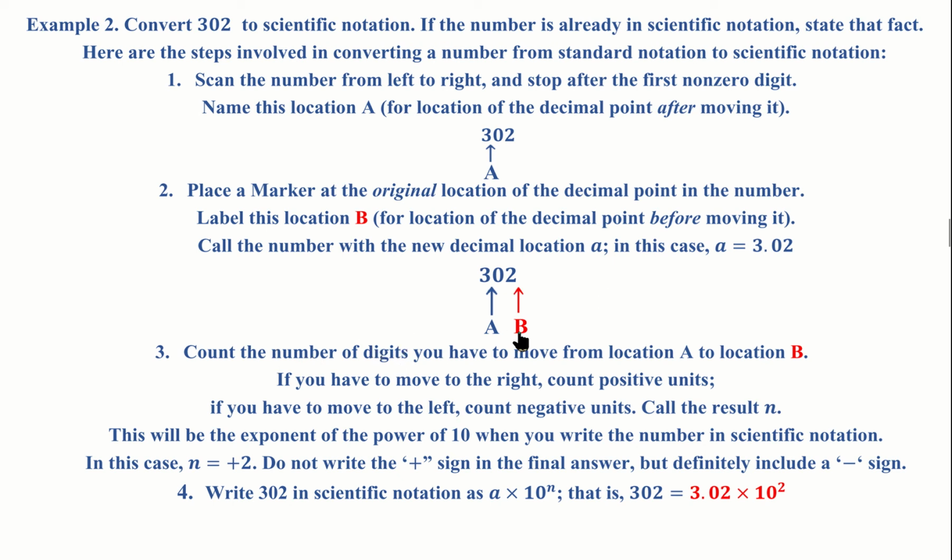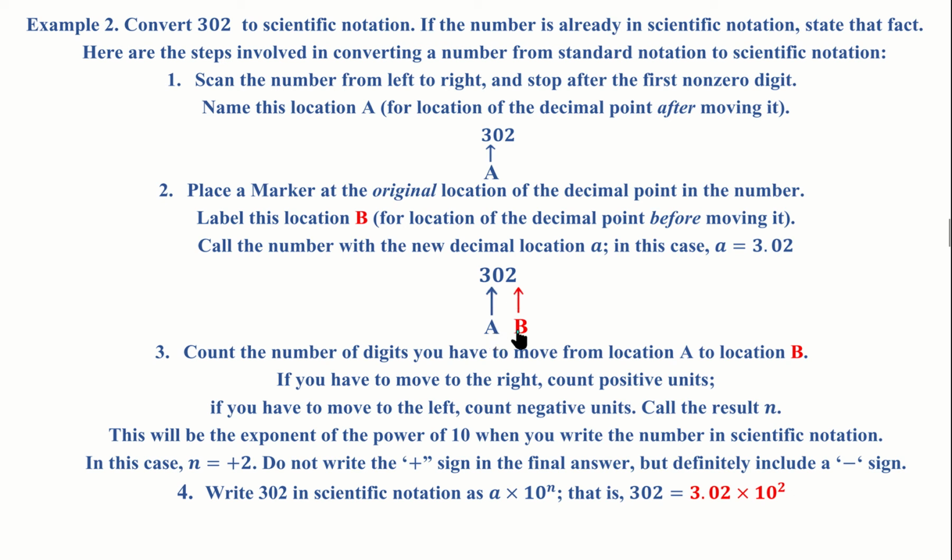Now we're going to count the number of digits you have to move to get from A, which is the location after the move, to B, which is the location of the original decimal point before it was moved.